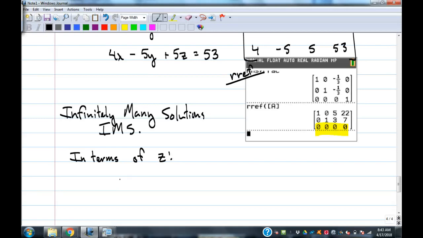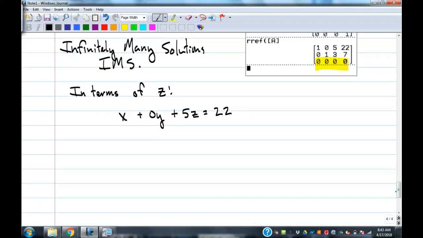One of the equations would be X, like the first row, 1, 0, 5, 22. 0y plus 5z equals 22. So that's really just X plus 5z equals 22.